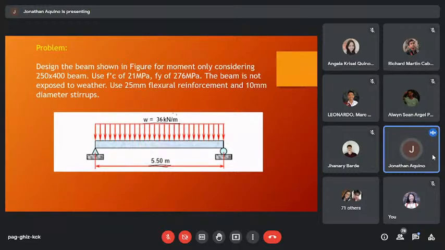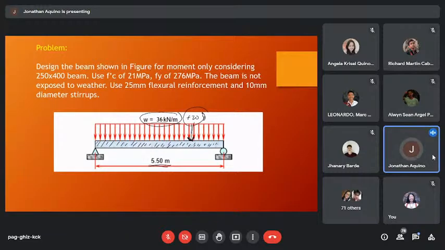This 36 kilonewton per meter is the superimposed load, so excluding the weight of the beam. In practice, normally we add an additional 20% to take care of the weight of the beam.